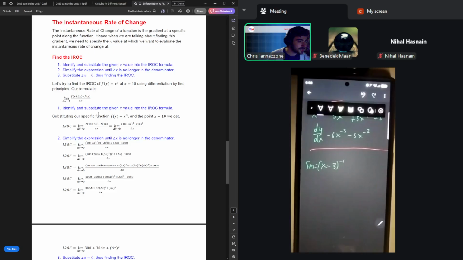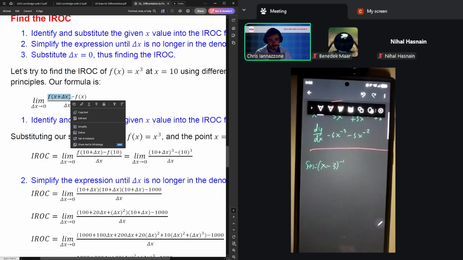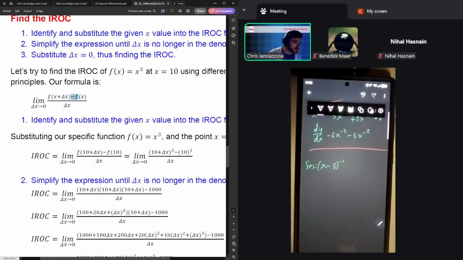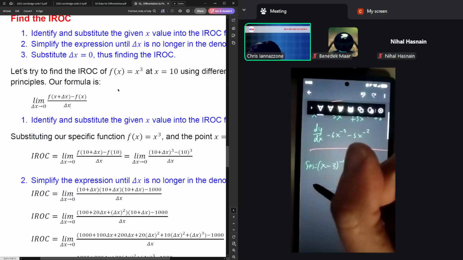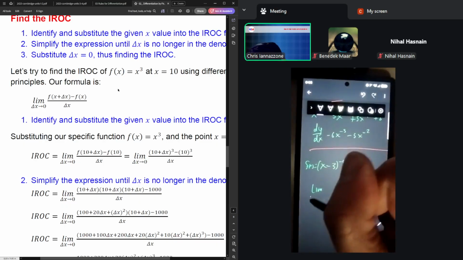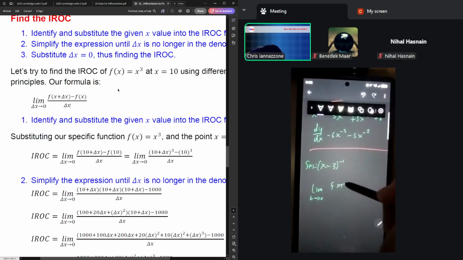If I pull up the equation for it, you want f of x plus delta x, or the book will typically use h, minus f of x, over h, or delta x, and you're doing the limit as that approaches 0. What you'll typically find is that they'll say limit as h approaches 0 of f of x plus h minus f of x over h.